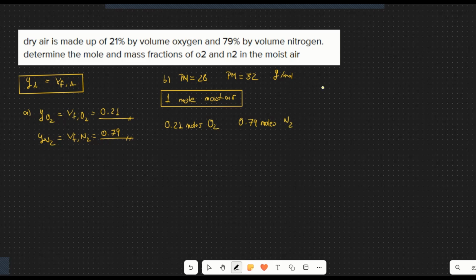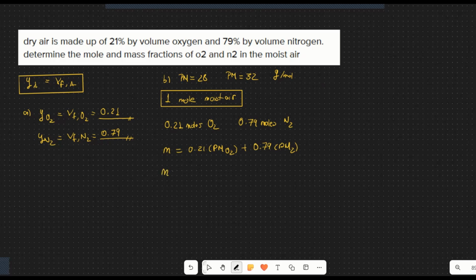So this lets us establish that the mass is equivalent to the moles of oxygen times the molecular weight of oxygen plus the number of moles of nitrogen times nitrogen's molecular weight. This is how we determine the mass of the moist air in grams.